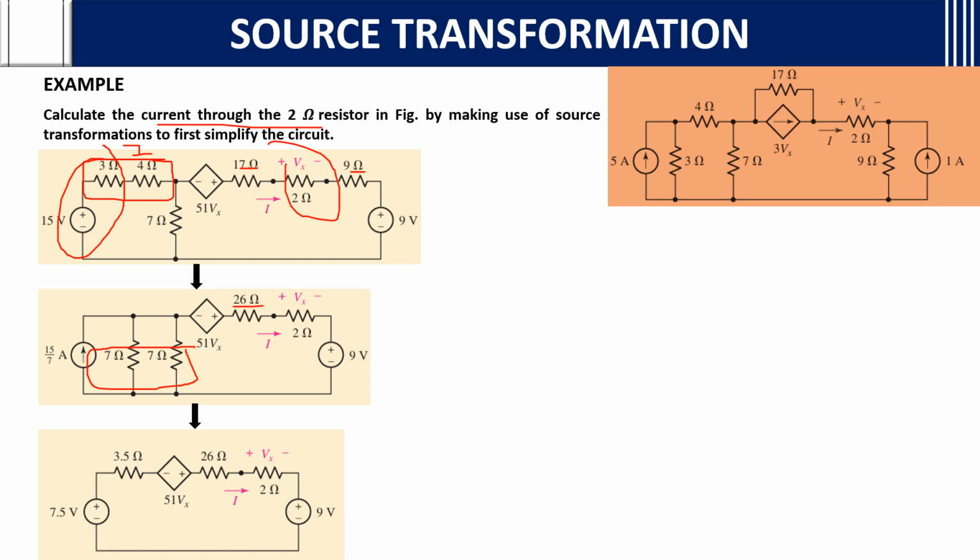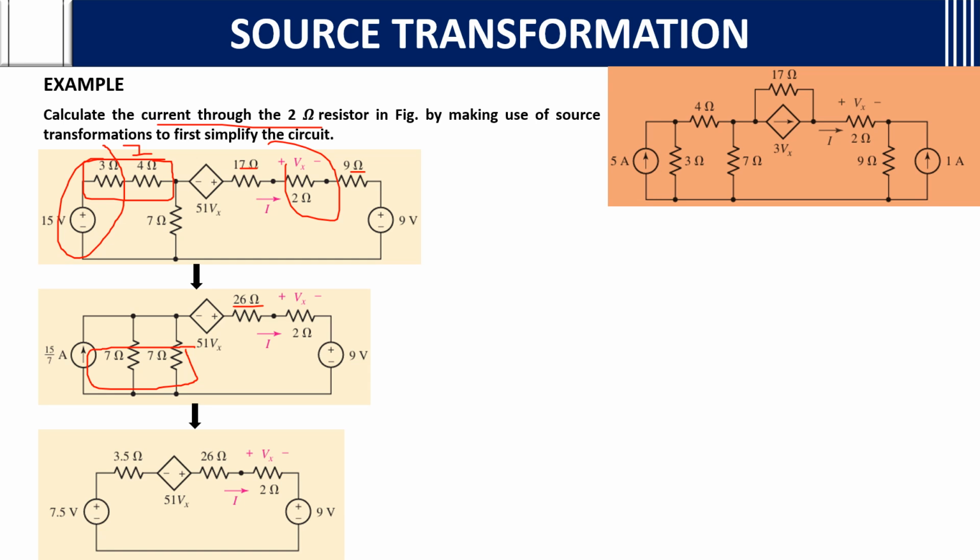So 7 into 7 by 7 plus 7, nothing but 1 by 7 plus 1 by 7, gives 3.5 as the answer. Then this 15 by 7 is 7.5 volts, written in decimal form. The other components are the same: 26 ohm, 51 Vx, everything is the same.